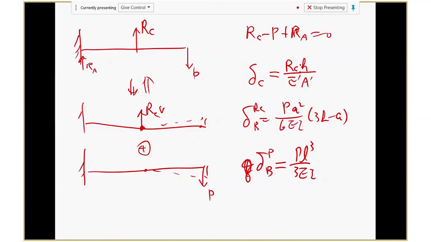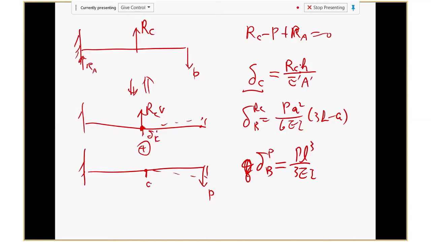Now, can you find out delta C from the beam? How much is this beam going to move at this point C? Can you find it? Let's call this one delta C1.